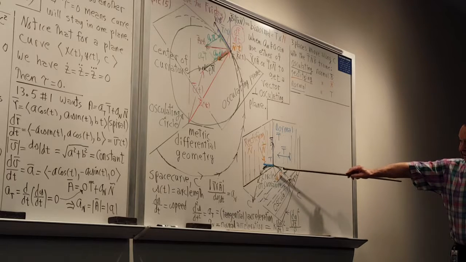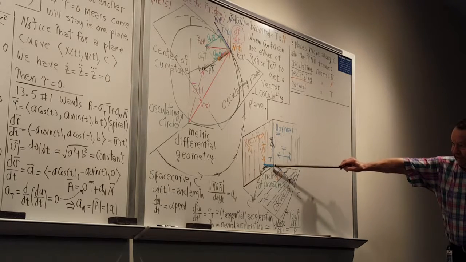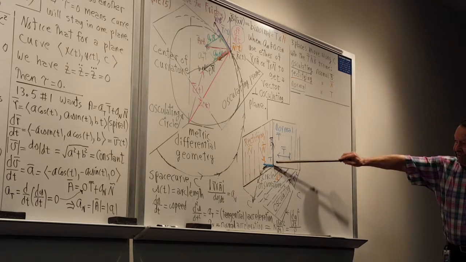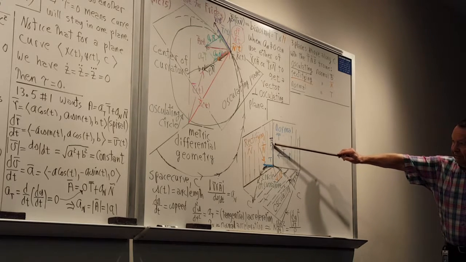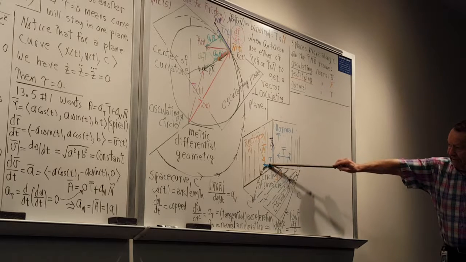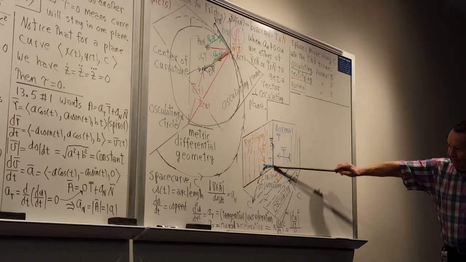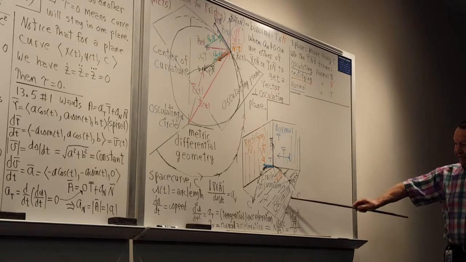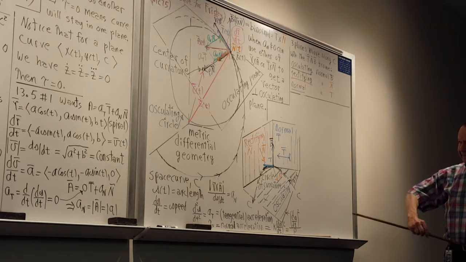And then finally, the cross product of the t and the n, which are at right angles, is perpendicular to both, and that gives you the normal to the plane in which we are working at this particular point, which Gauss called the osculating plane.